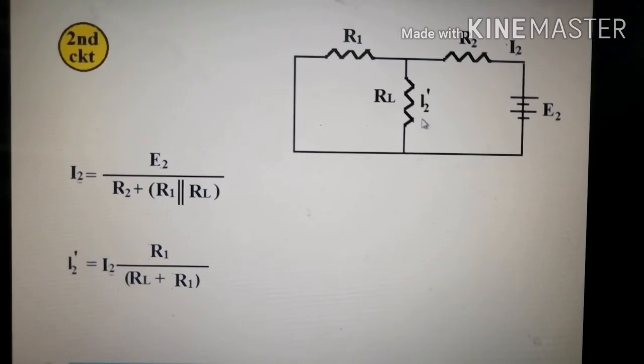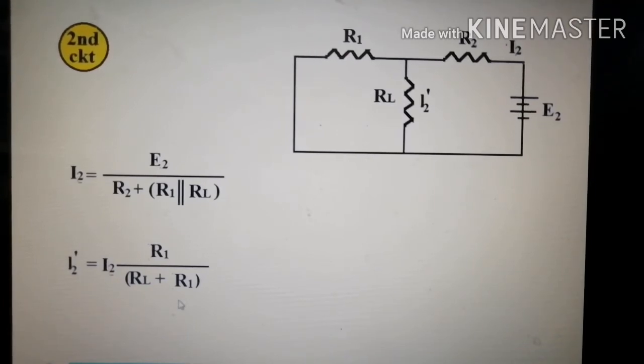I2 dash is equal to I2 into R1 divided by R1 plus RL. This is the current division rule.